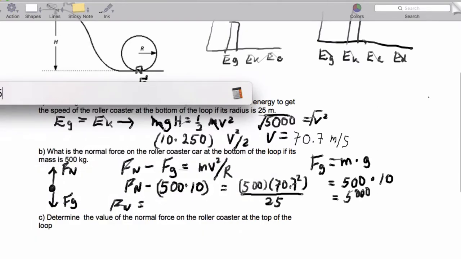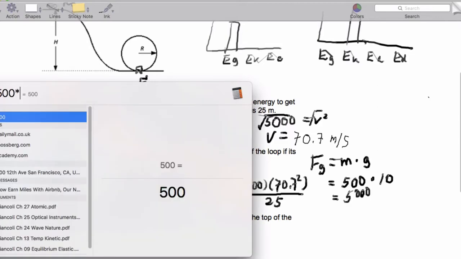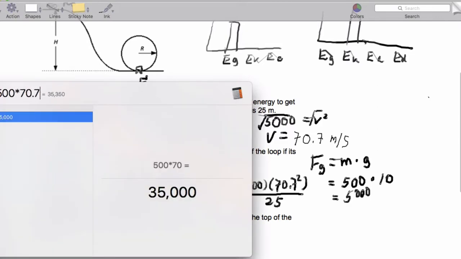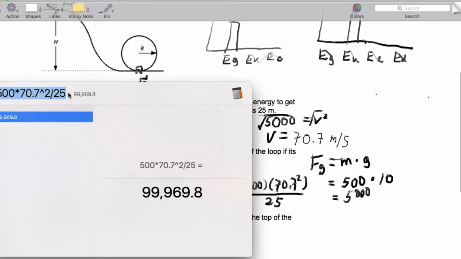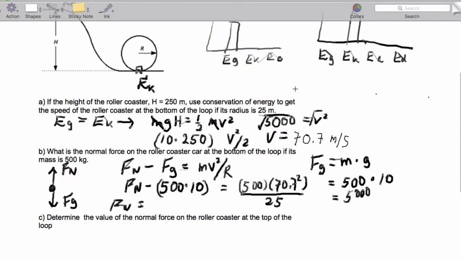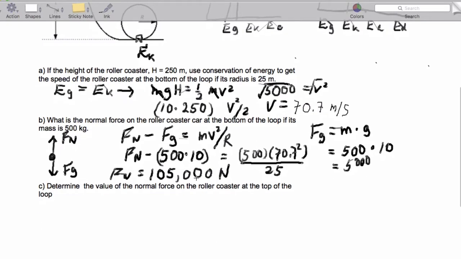So I'm getting 500 times 70.7 squared divided by 25. Yep, plus the 5,000 here. So I'm getting about 105,000 newtons. That's pretty big.